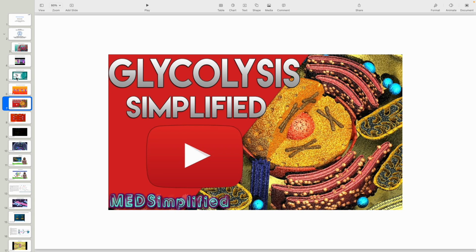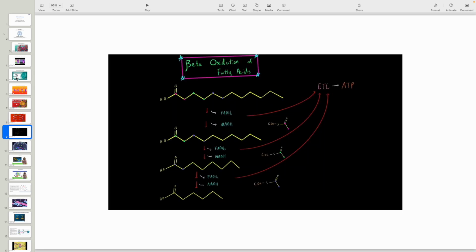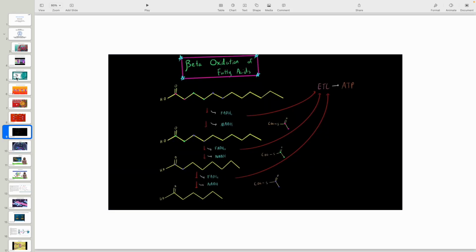Then we have biomolecule breakdown to produce energy. So one is the glycolysis pathway, the other one is the Krebs cycle, and then the beta oxidation. Then we have apoptosis. Ma'am, beta oxidation. Yes, we'll go through the beta oxidation. Ma'am, beta oxidation. Yes, okay.